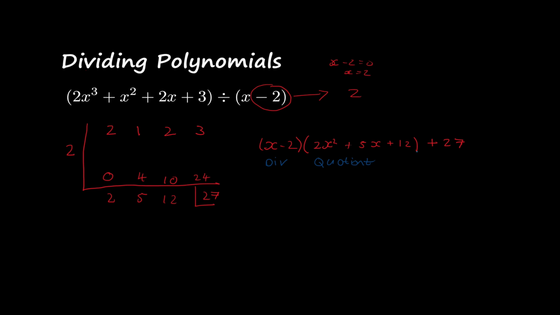Okay, and I'm just going to abbreviate these. So this is the quotient, and this here is the remainder. Now this becomes important because we're going to go on to talk about something called the remainder theorem, and why we're learning all this will become a bit more clear.